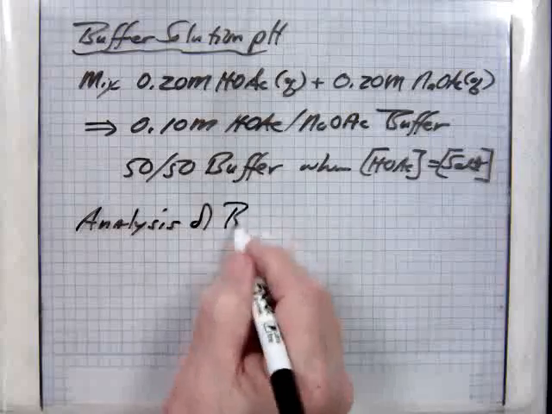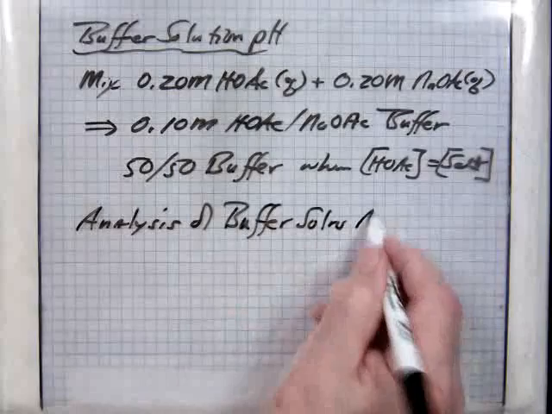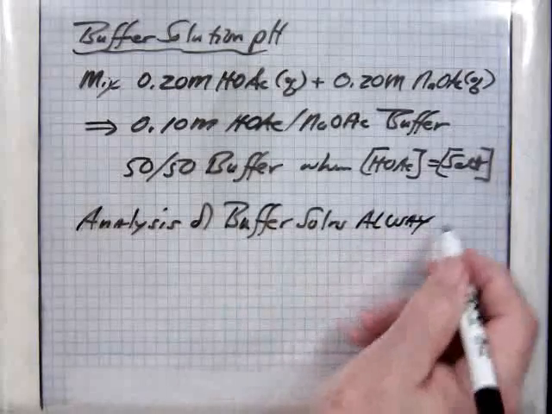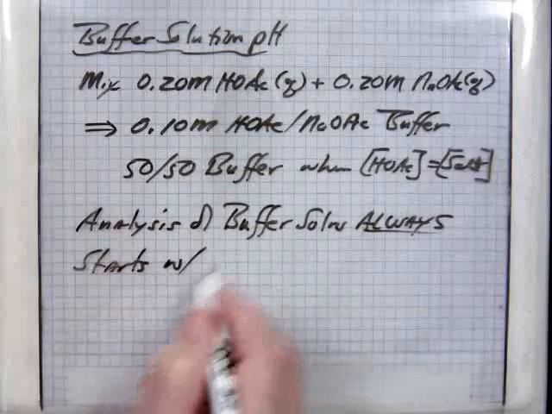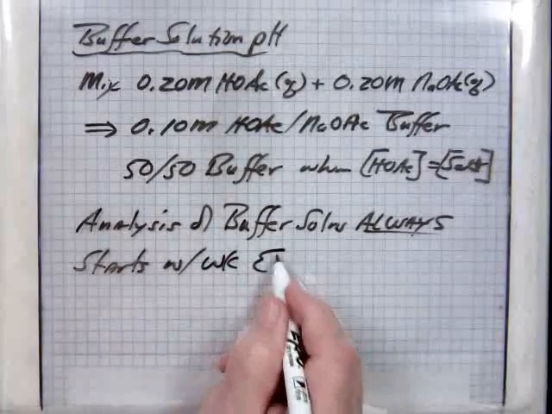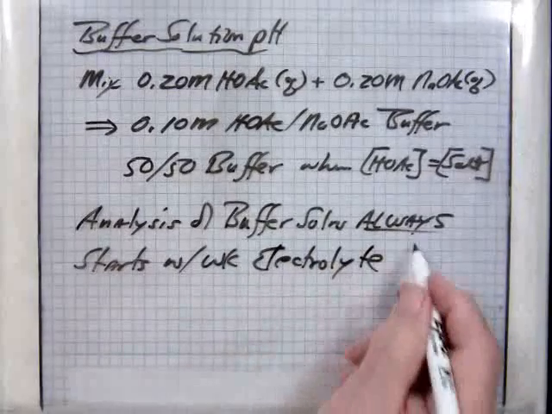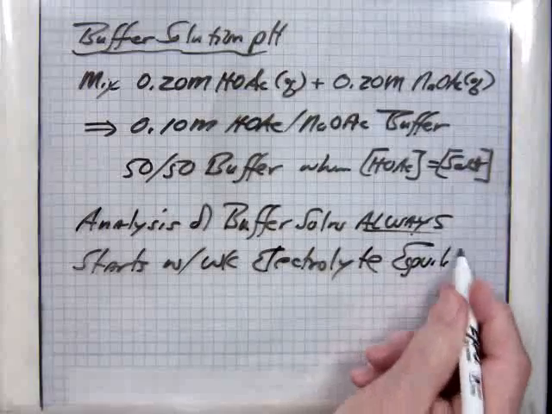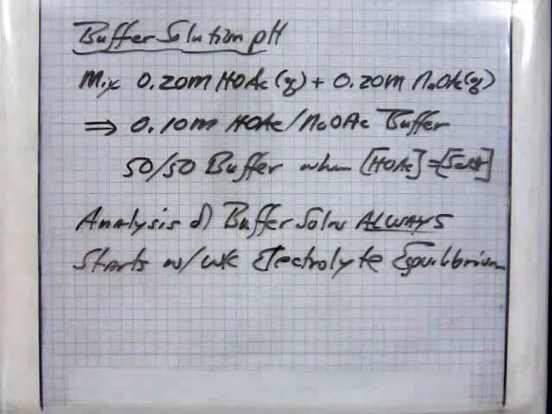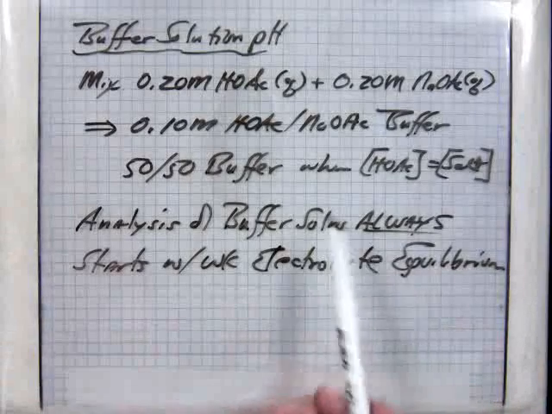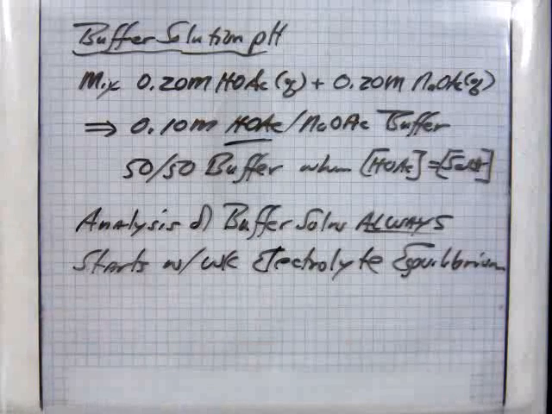Okay, so the analysis of a buffer solution always starts with the weak electrolyte equilibrium. So what's the weak electrolyte in our buffer system? Well, it is the acetic acid.